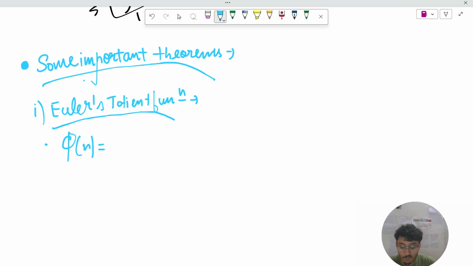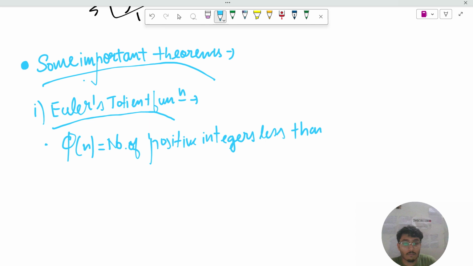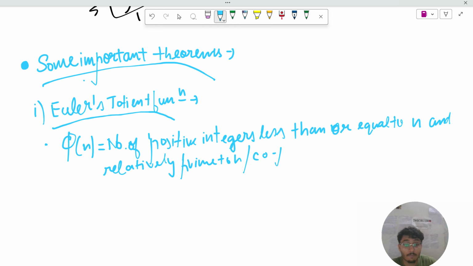So my phi of n is basically the number of positive integers less than or equal to n and relatively prime to n, or co-prime to n. This is my Euler quotient function.